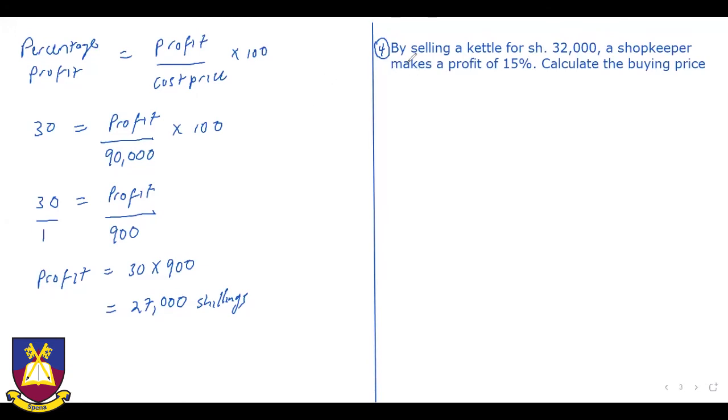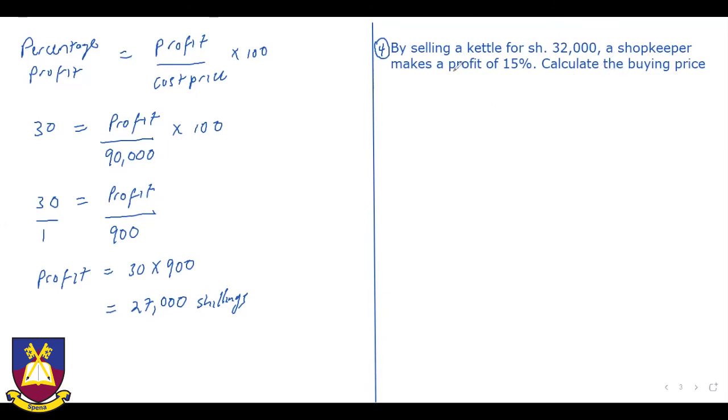Number 4. By selling a kettle for shillings 32,000, a shopkeeper makes a profit of 15%. Calculate the buying price. So we have the percentage profit. It's always easier to use the formula for percentage profit.